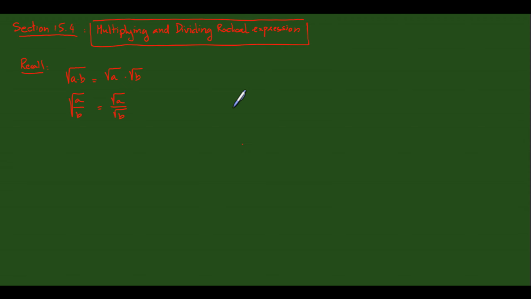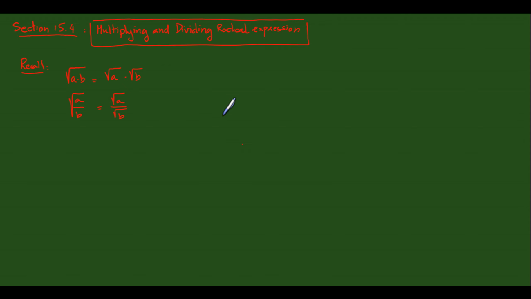For example, the square root of 2 squared is just 2, because 2 squared is 4, and 4 is a perfect square. So the square root of a perfect square you can throw away. The cube root of something raised to the third power, you can throw away. The fourth root of something raised to the fourth power, you can throw away.